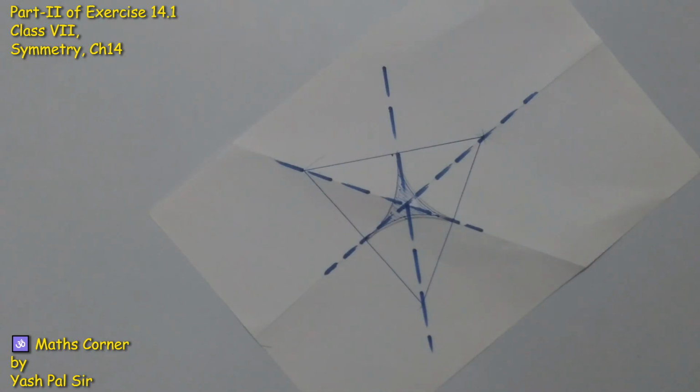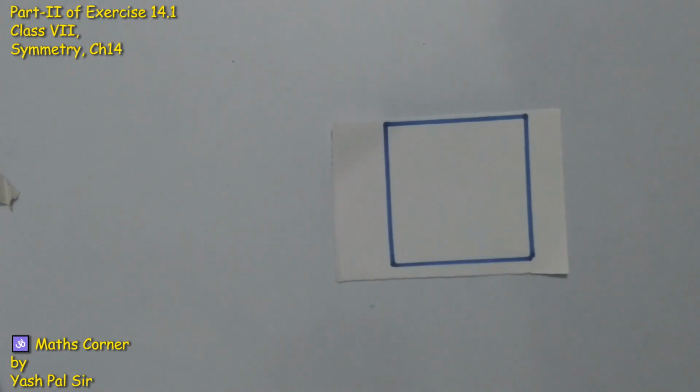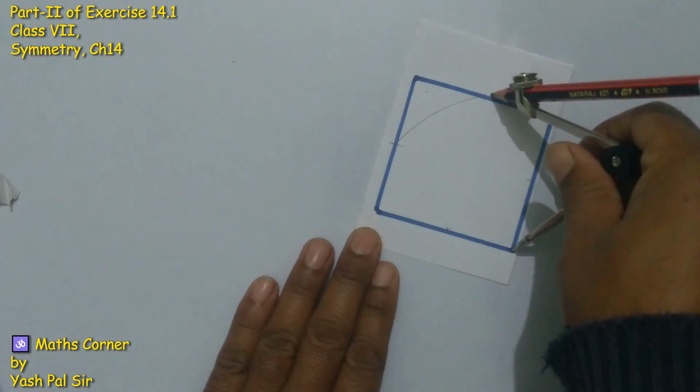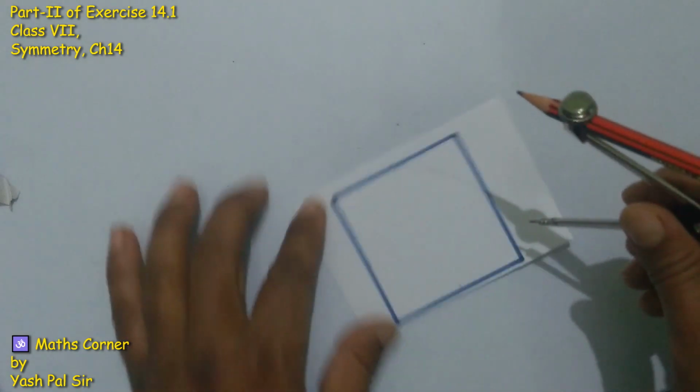Now next part, D part, square shape, and this is the diagram in between. This is the square. In this square, this is the shape from one corner.